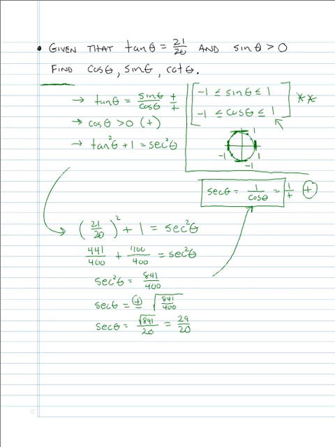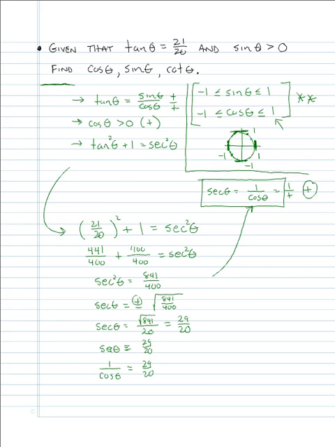We know that the secant of theta is 29 over 20, but we also know that the secant of theta is the same thing as 1 over cosine of theta. And so 1 over cosine of theta is 29 over 20.